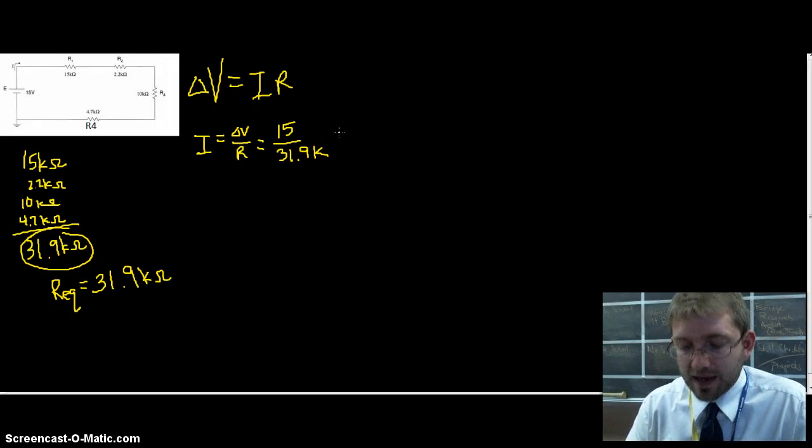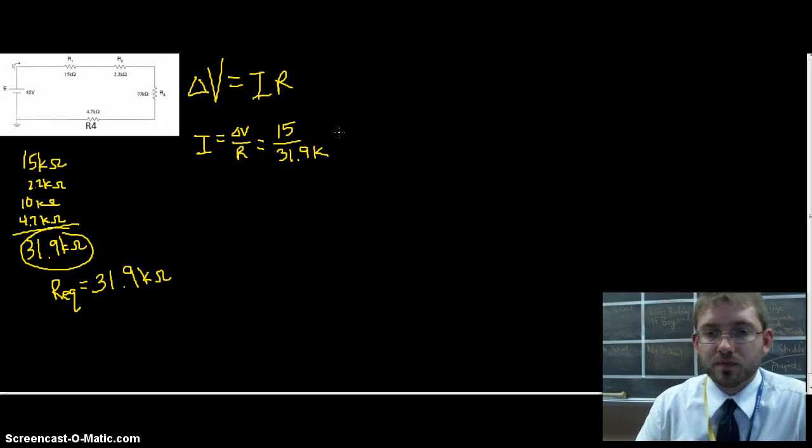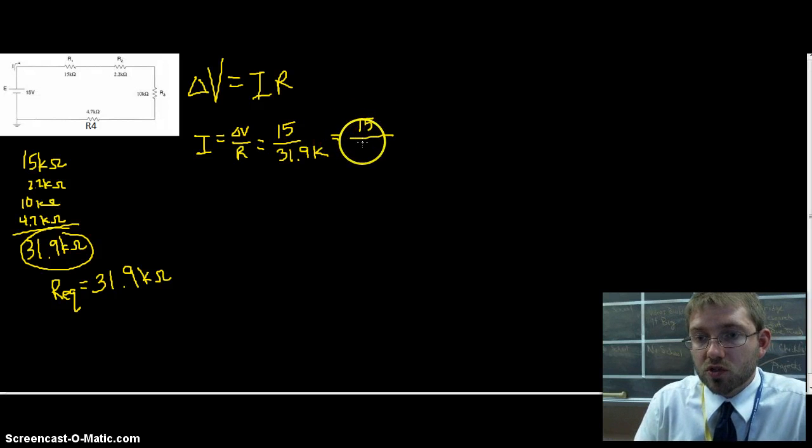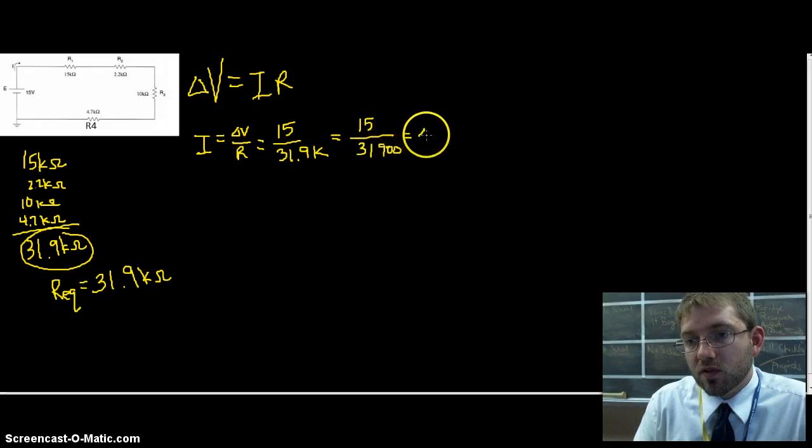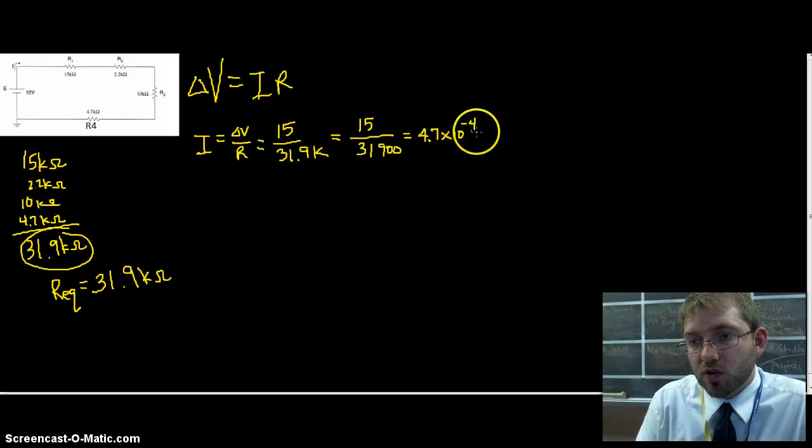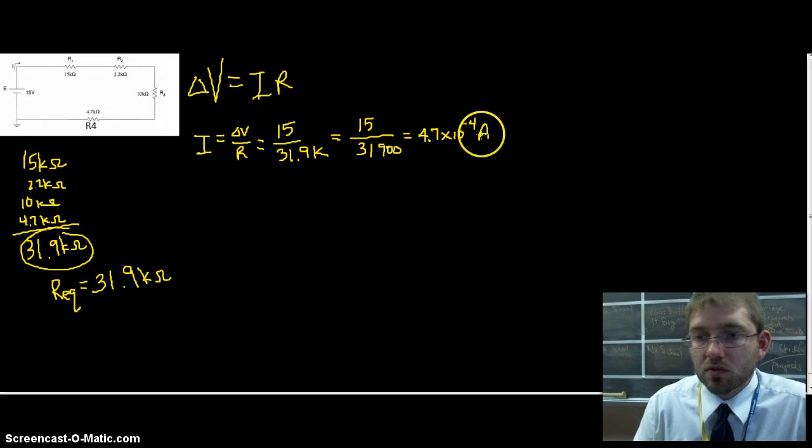So if I take 15 volts divided by 31.9 times 10 to the third power, or let me show you how I've written this out so there is no confusion, 31900, we end up with 4.7 times 10 to the minus 4 amps, okay?